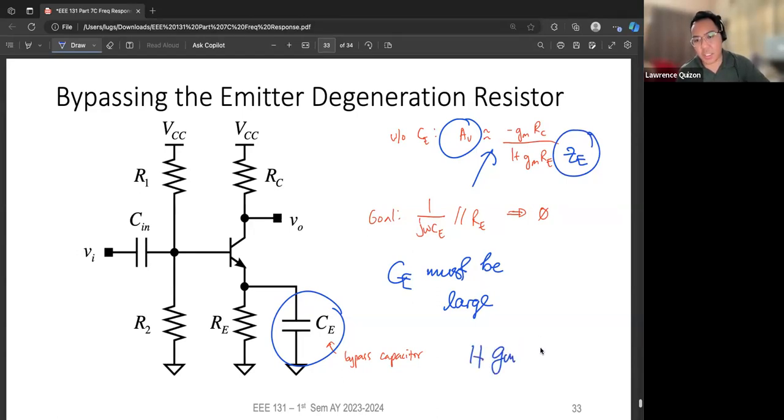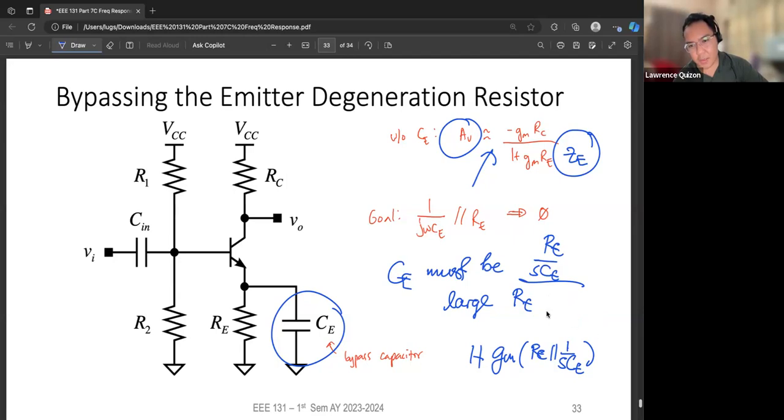No? So 1 plus GM. This becomes RE parallel CE. No? 1 over SCE. So then this becomes RE over SCE over this is RE plus 1 over SCE.